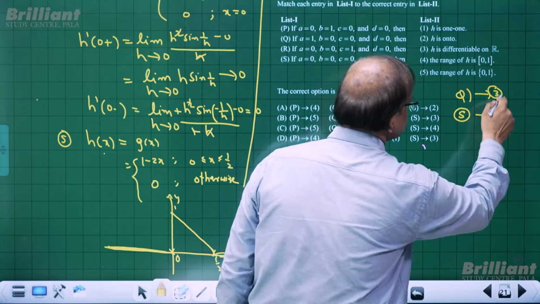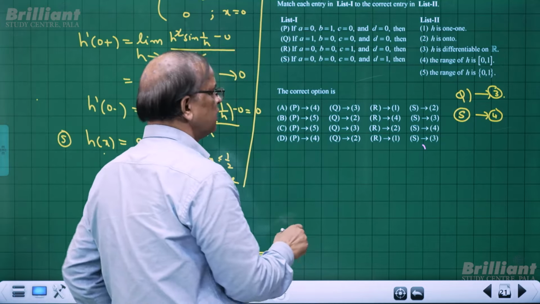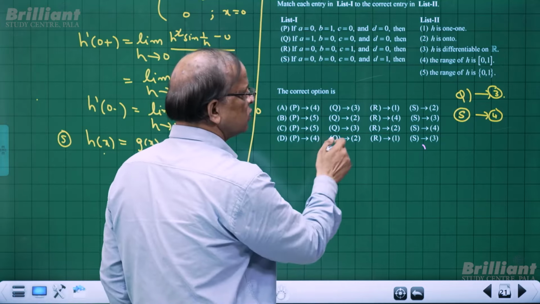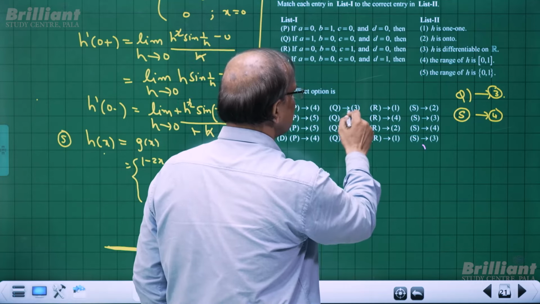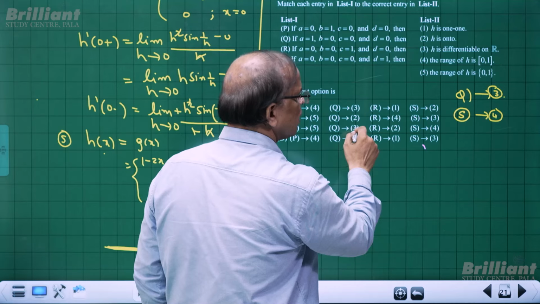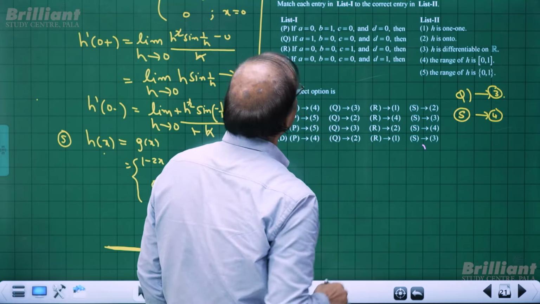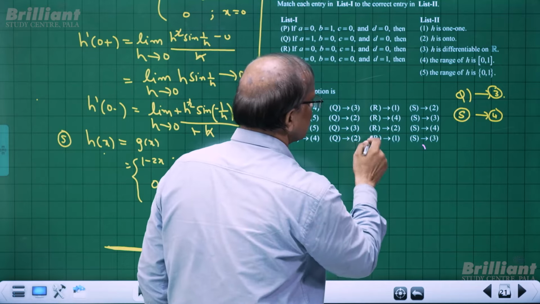Now, Q is 3, here it is there, here it is there, R is, sorry, S is 4, S is 4.